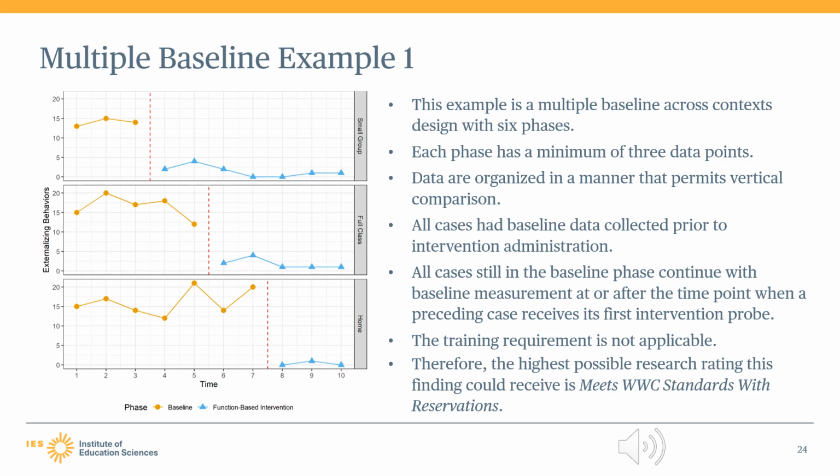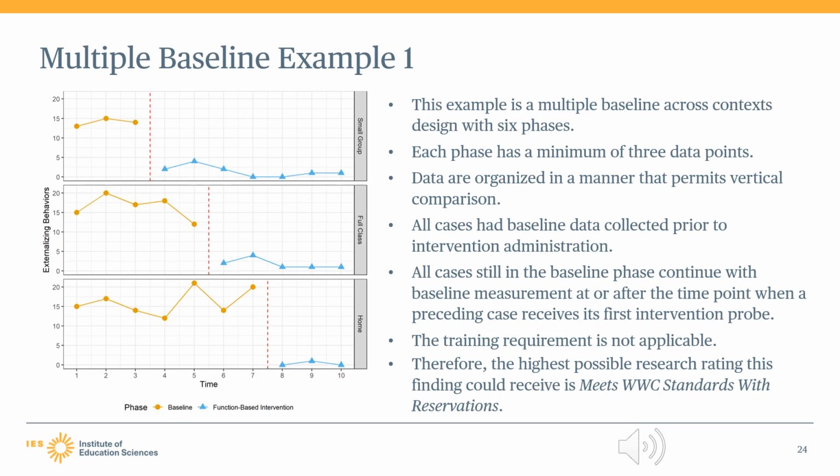Second, all cases had data collected prior to intervention administration in any tier. The first tier received the intervention at time 4, and all cases had 3 data points prior to time 4. Third, we can confirm that cases still in the baseline phase continue baseline measurement at or after the point when a preceding case first received an intervention probe.